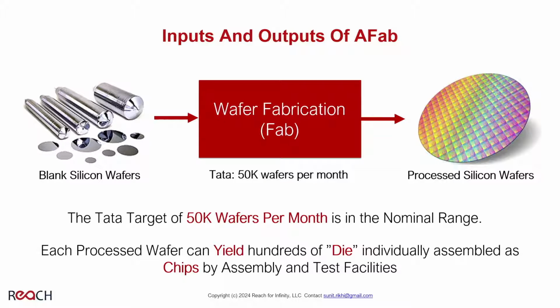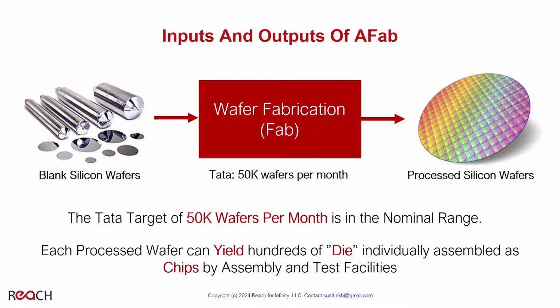Let's start with that red big box called wafer fabrication, and just look at what its inputs are and what its output is. So the inputs are blank silicon wafers that are sliced out of ingots, highly purified silicon, and they go into the fab as blank wafers, and they come out with a lot of chips, which are called die.